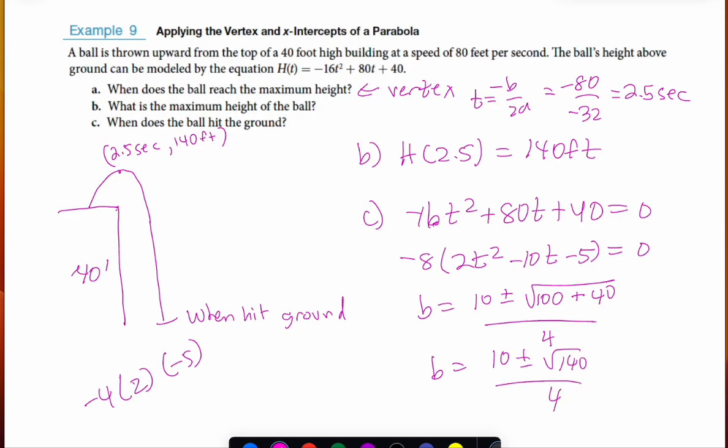Now, one of the numbers is negative, and that is over here. Does the ball ever get over there?